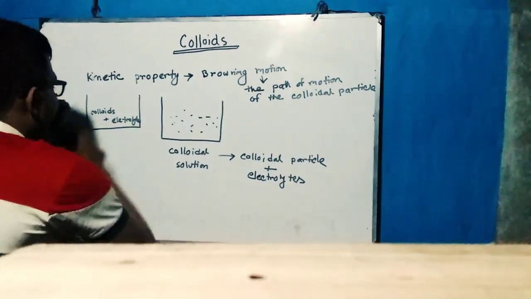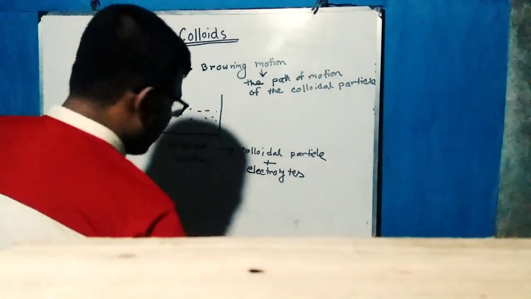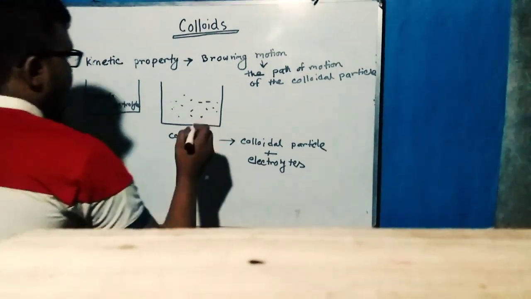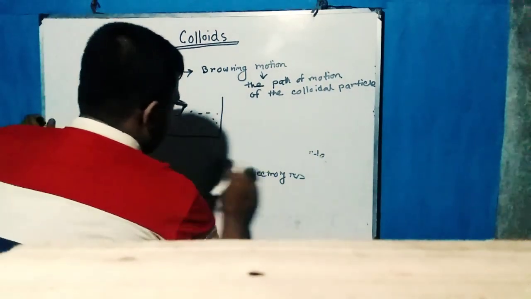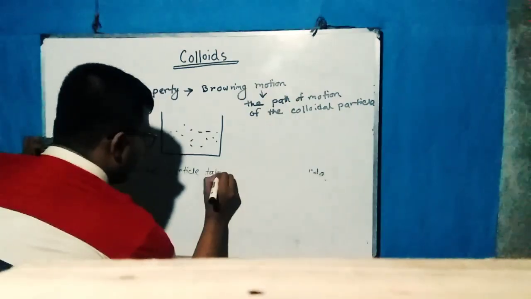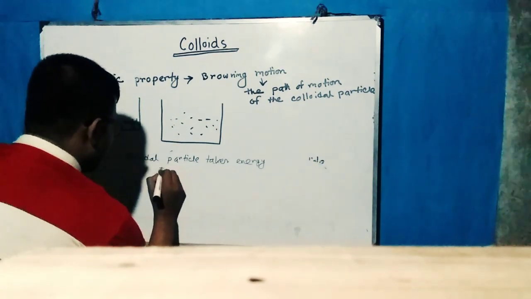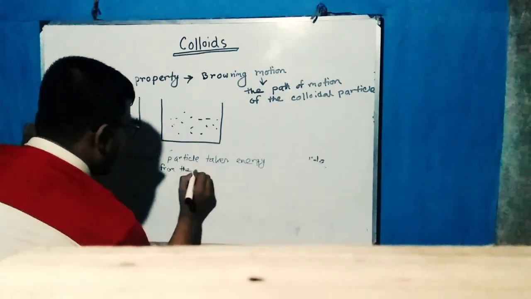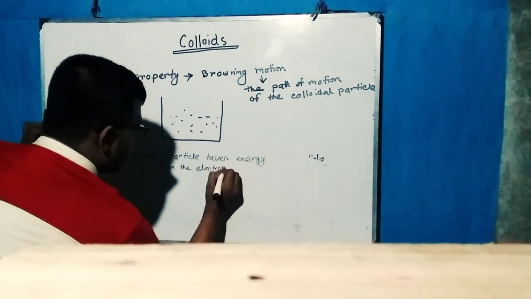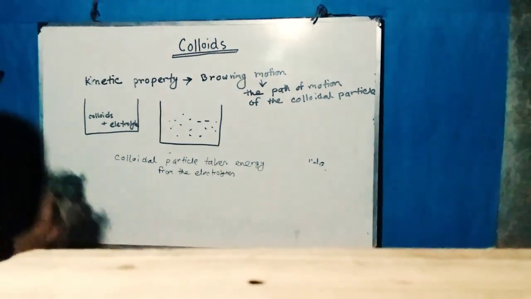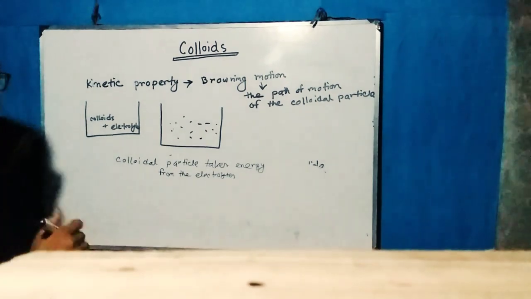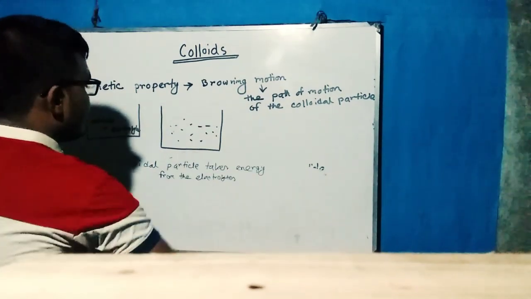So the colloidal particle takes energy from the electrolytes. By taking energy from the electrolytes, the colloidal particle runs in the solution in a zigzag motion.